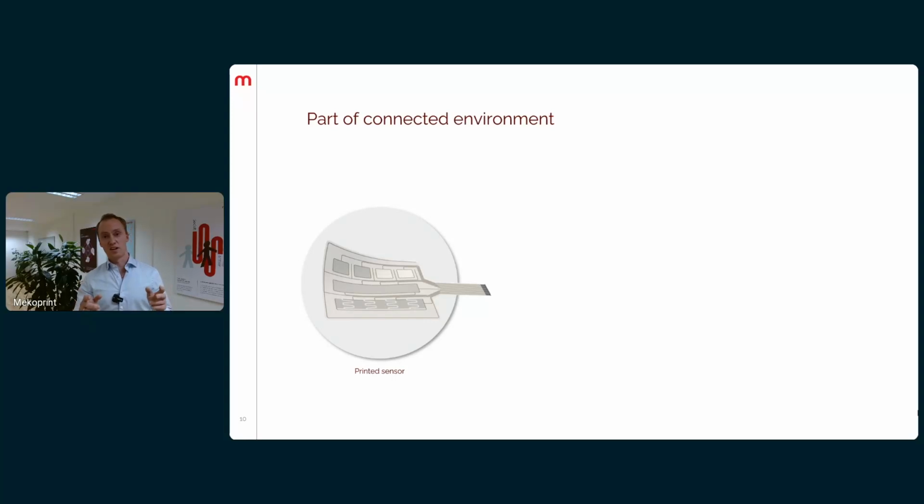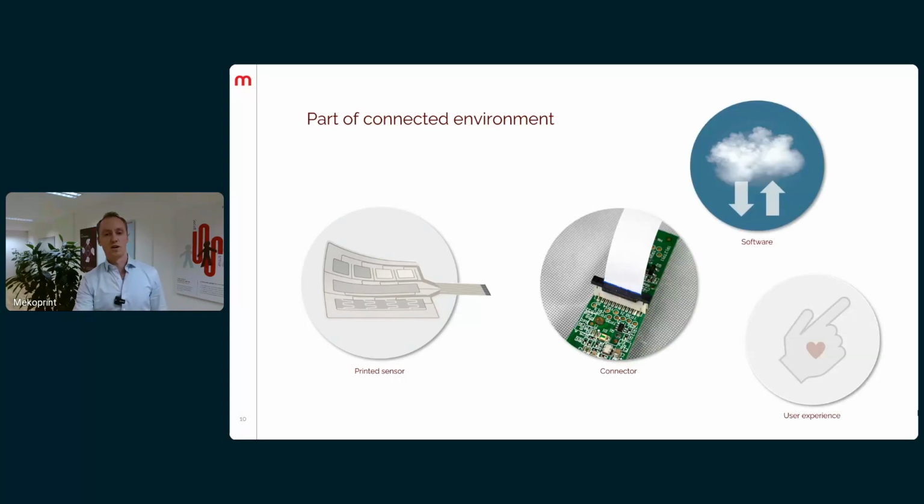We can deliver a sensor based on your design, but there are lots of processes around the sensor that also need to be ready at the same time. This is both the IT infrastructure that surrounds your solution, knowing how your users interact with your device, and then the very important interface between the sensor and your setup, which is the connector and the corresponding electronics. All of this needs to be in place to make sure that you end up with a solution that works.